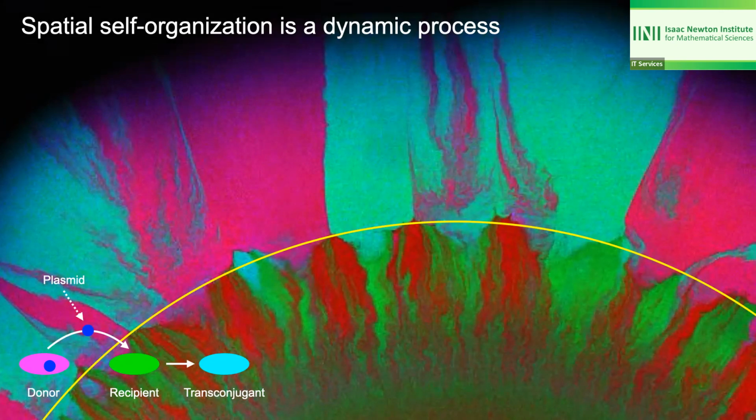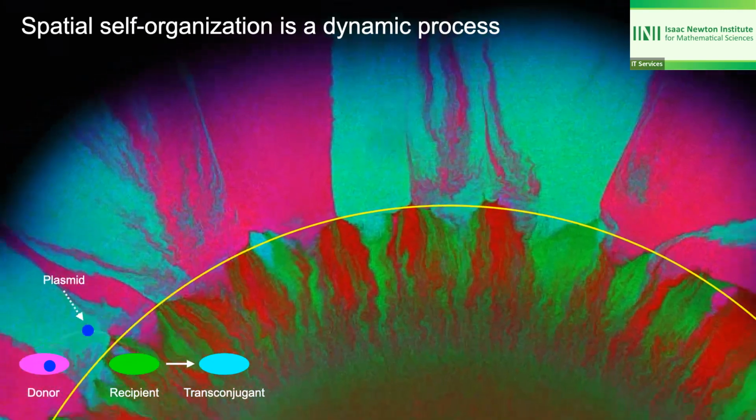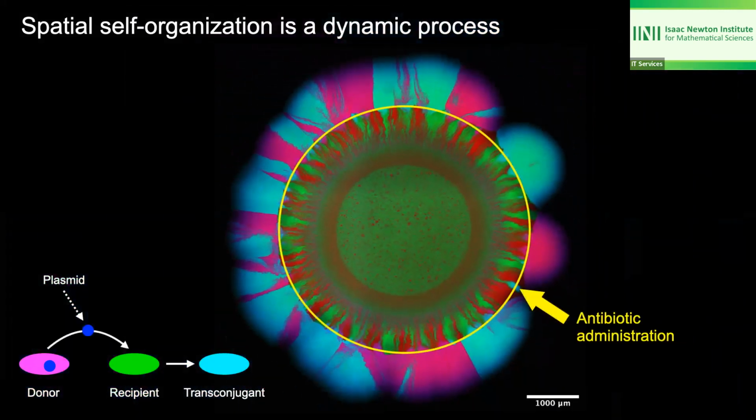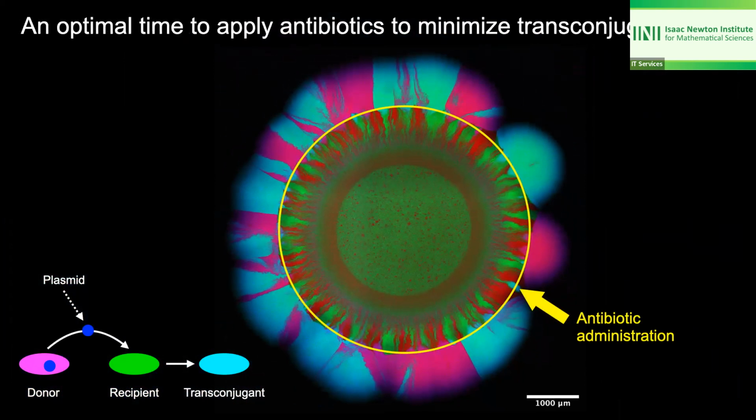And so based on this image, the question I want to pose is maybe a bit practical, but is there an optimal time to apply antibiotics during this range expansion process to minimize the proliferation of these transconjugates?